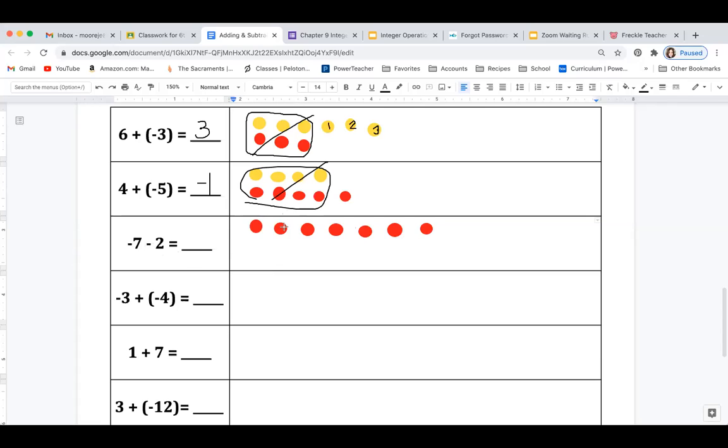So if I introduced a 0 pair, would that change the value of this group? If I put in 1 negative and 1 positive, would it change the value of -7 at all? Or would it stay the same?